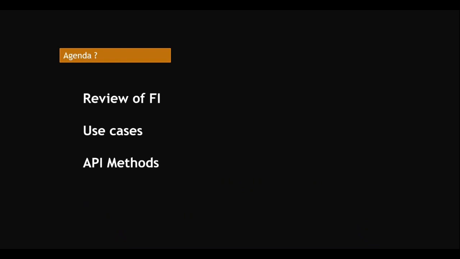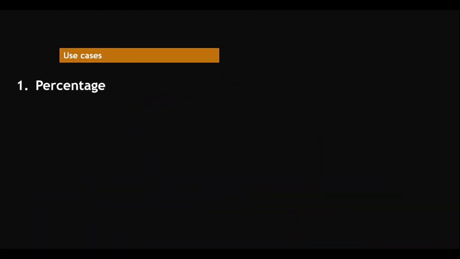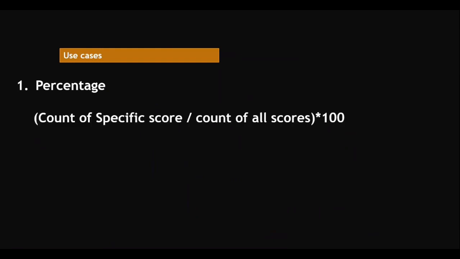The first use case is percentage. Percentage is nothing but the count of a specific score by the count of all scores into 100. That is the formula. An example is the percentage of priority incidents.